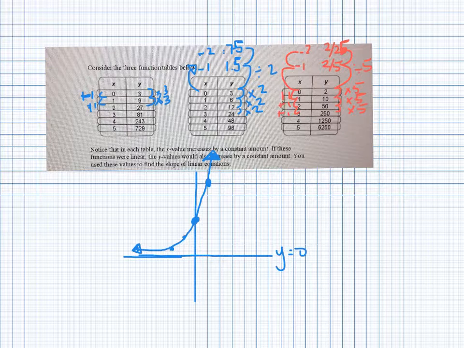So then to graph it, I'm at 0, I'm at 2. When I'm at -1, I'm at 2/5. When I am at -2, I'm at 2/25, so I'm very close to that x-axis. The key is just don't go over the x-axis.